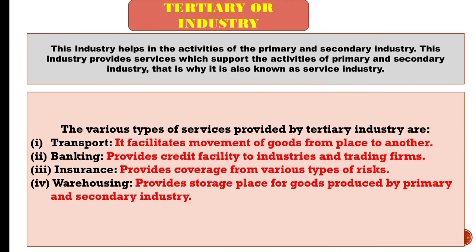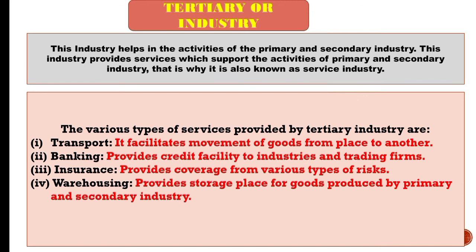Next is warehousing. Warehousing provides storage place for goods produced by primary and secondary industry. As we know, there is always a time gap between the production and consumption of goods, so goods are not consumed immediately when they are produced. For example, rice, wheat, etc. are produced in a particular season, but they are consumed throughout the year, so they have to be stored.